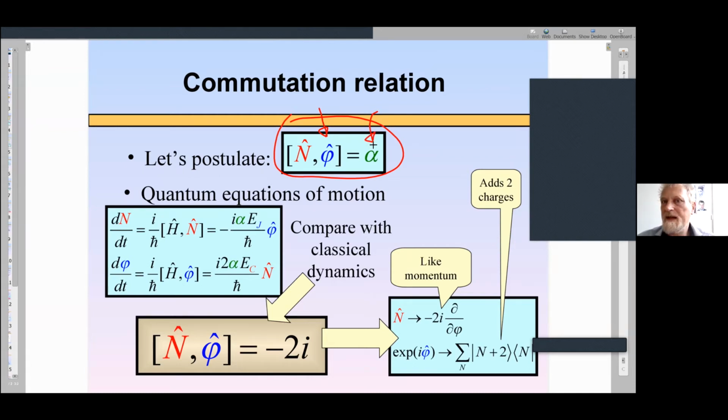A piece of inspiration for that: these two are a little bit like momentum and coordinate in quantum mechanics of a single particle, and the commutator is a constant, h bar.